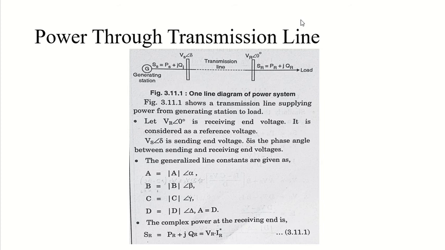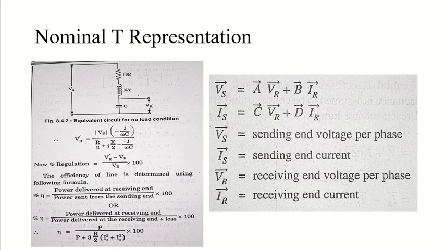We have seen the performance equations for all three lines in the form of sending end and receiving end voltages and currents, right? In the form of Vs and Is. If you remember, when we started the medium transmission line, I showed the formula to you. Let me show it to you again.